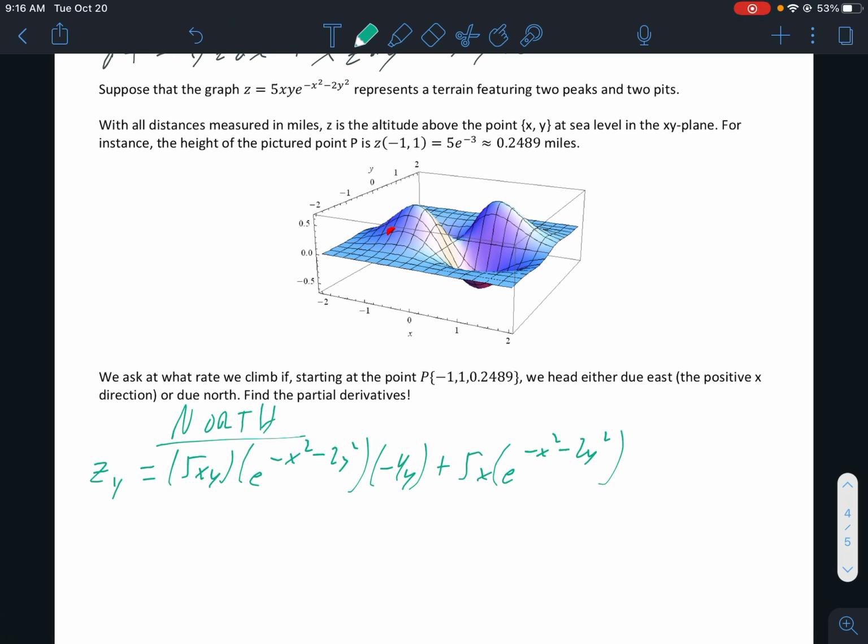All right, we can substitute in our x's and our y's that we know, which is -1 for x and +1 for y.